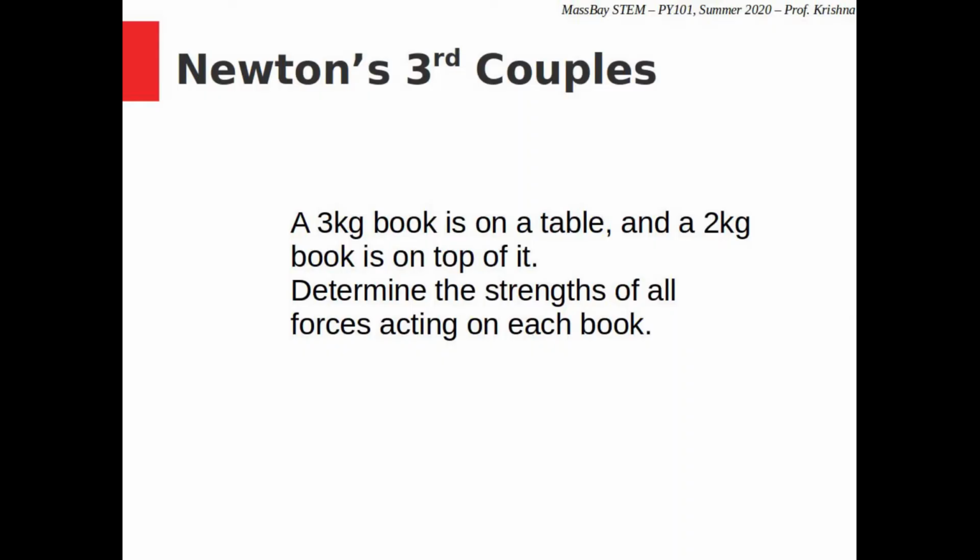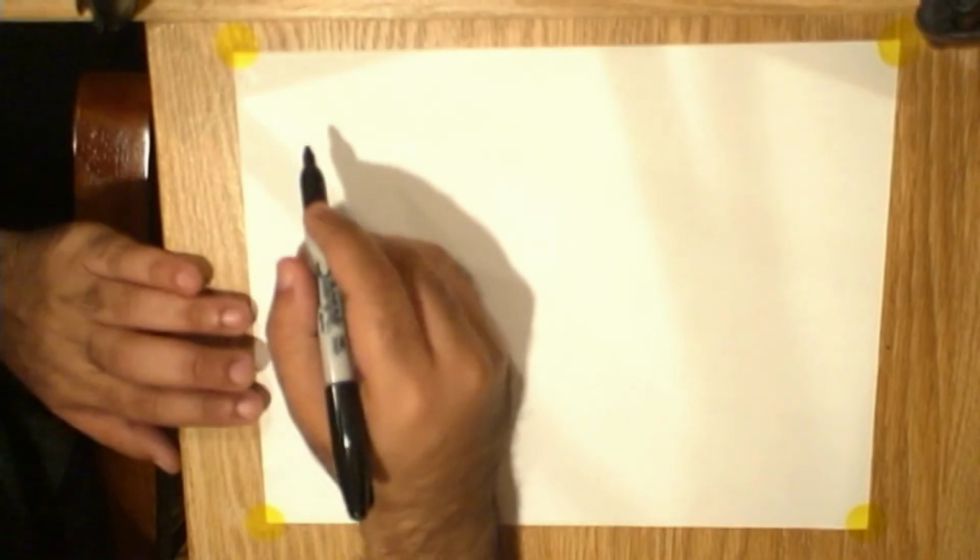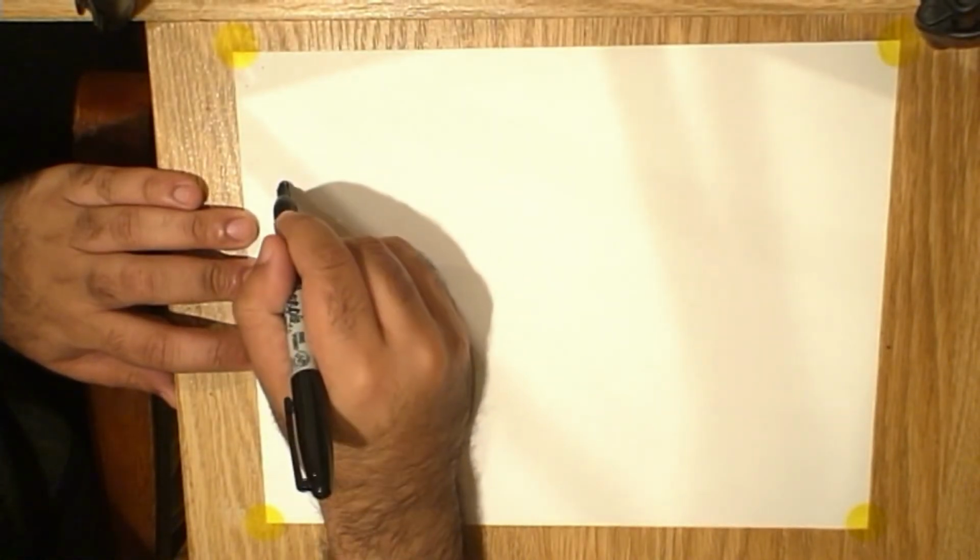In some cases, we need to use Newton's third law to evaluate the sizes of forces in a puzzle. Consider this common situation. A 3-kilogram book is on a table, and a 2-kilogram book is on top of it. Determine the strengths of all forces acting on each book. So let's take a look at what a picture might look like.